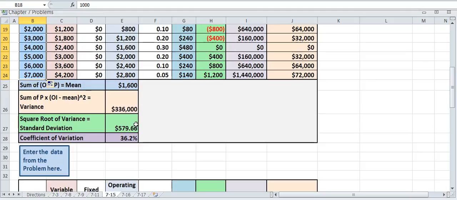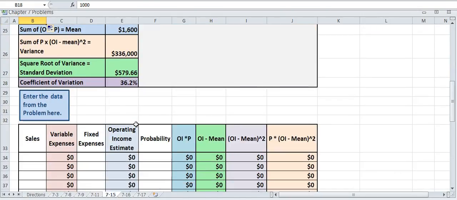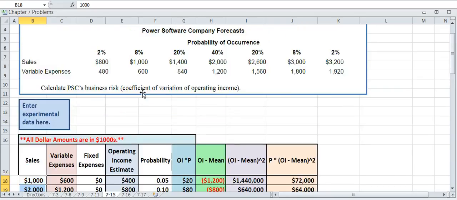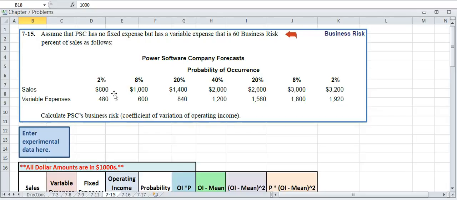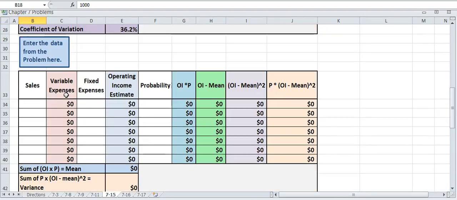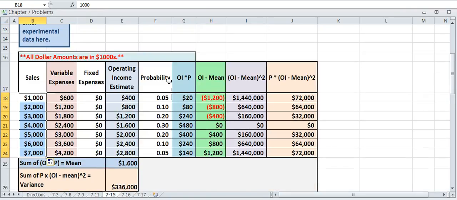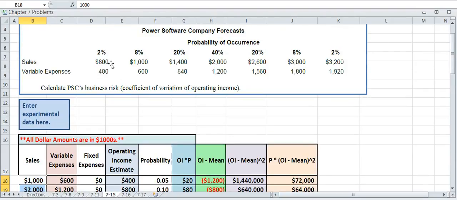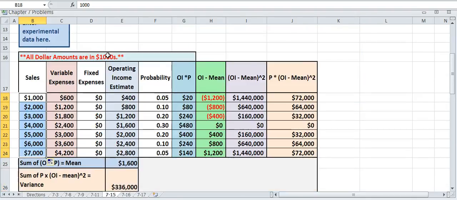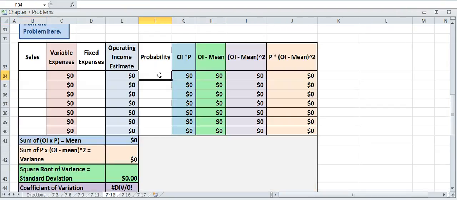Now, what you want to do when you do your problem is look at the sales here, 800, 1,000, 1,400, and put those in right here. Then you look at your fixed expenses, which are 0, so put those in here. There are no fixed expenses at all. Then your probabilities are here, 2%, 8%, 20%, and put the 2% in as 0.02.